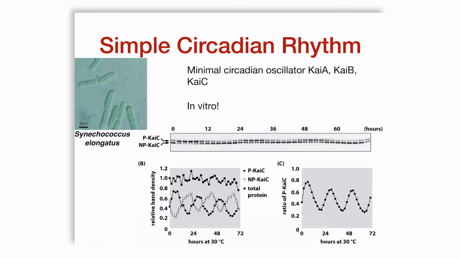But to find a simpler organism, people searched and found a blue-green alga called Synechococcus elongatus, in which a minimal circadian oscillator, KaiA, B, and C, functions, and even in vitro will give you a beautiful clock-like pattern over 24 hours.